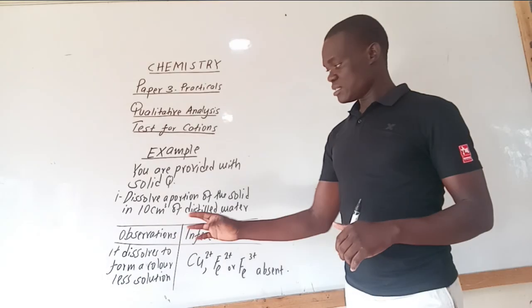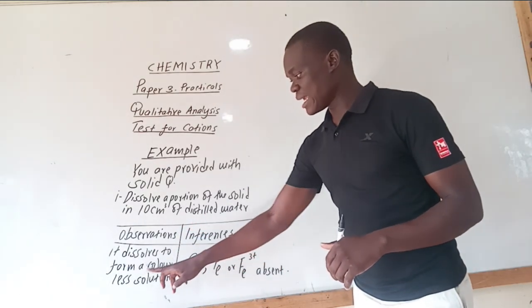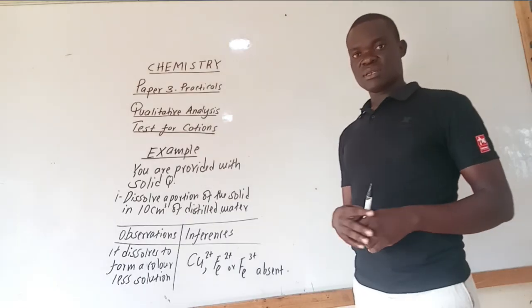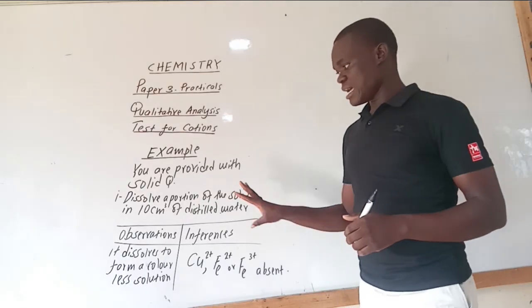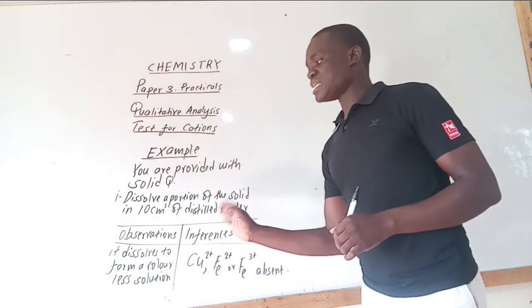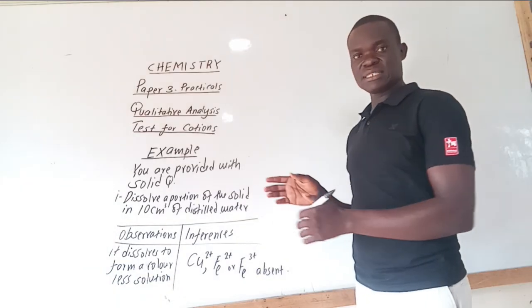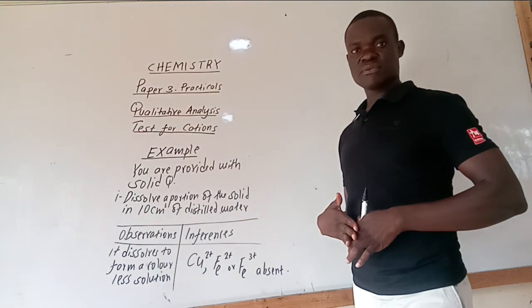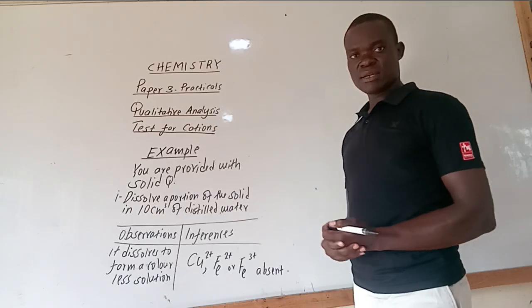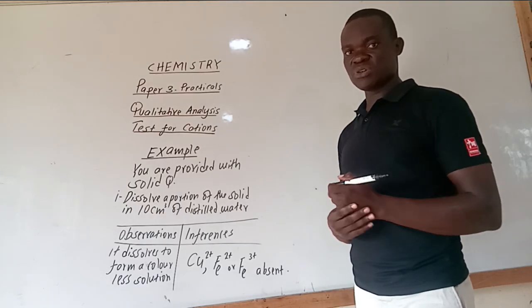According to this result, it dissolves to form a colorless solution. The table here is divided into two parts, the observation part and the inference part. Inference is like a conclusion from what we have seen in the result from the experiment, which is the observation.